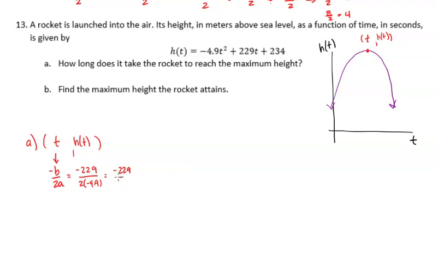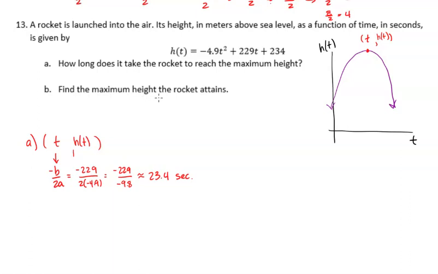That's negative 229 divided by negative 9.8. If I grab my calculator real quick and work this out, it gives me about 23.4 seconds. So it takes about 23.4 seconds for that rocket to get up to its maximum height.